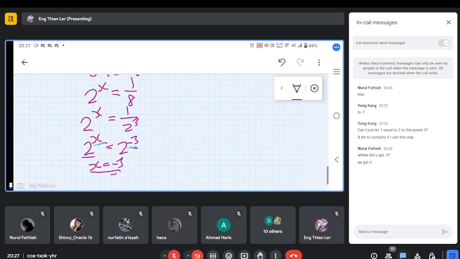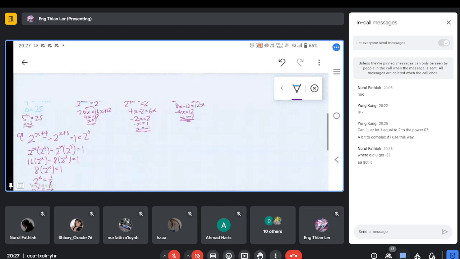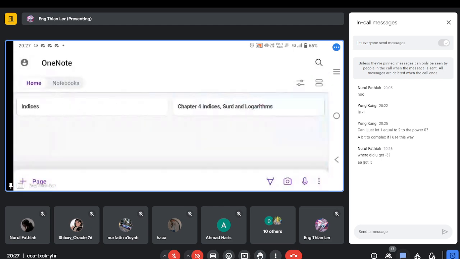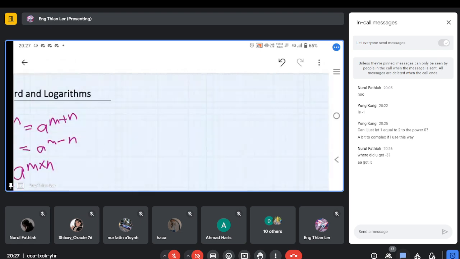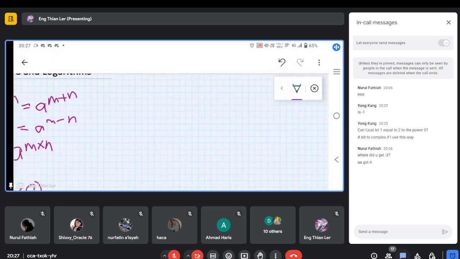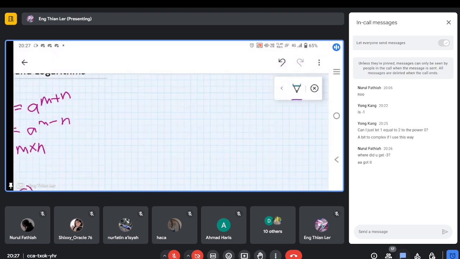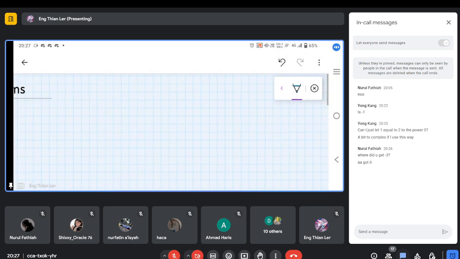Okay, thank you. Alright, let's move on to the logarithm part. Okay, so now I'm going to recap by teaching you all how to prove that log a b equals log a plus log b again.